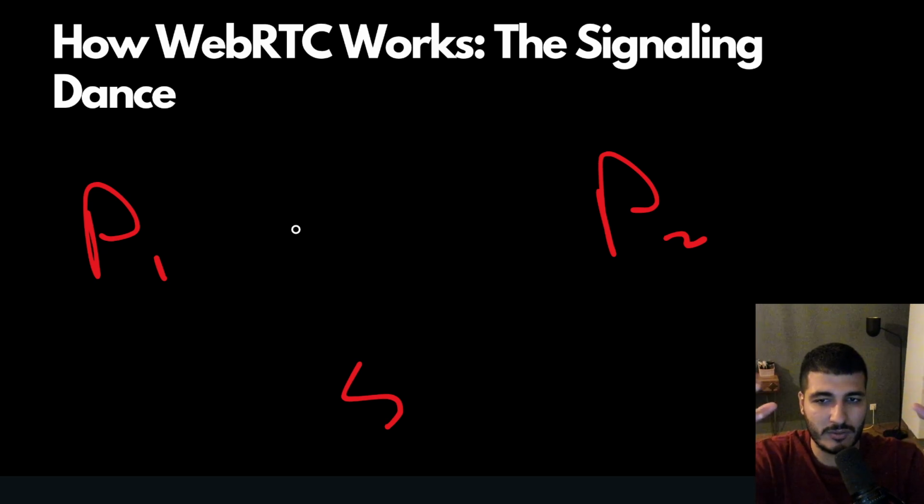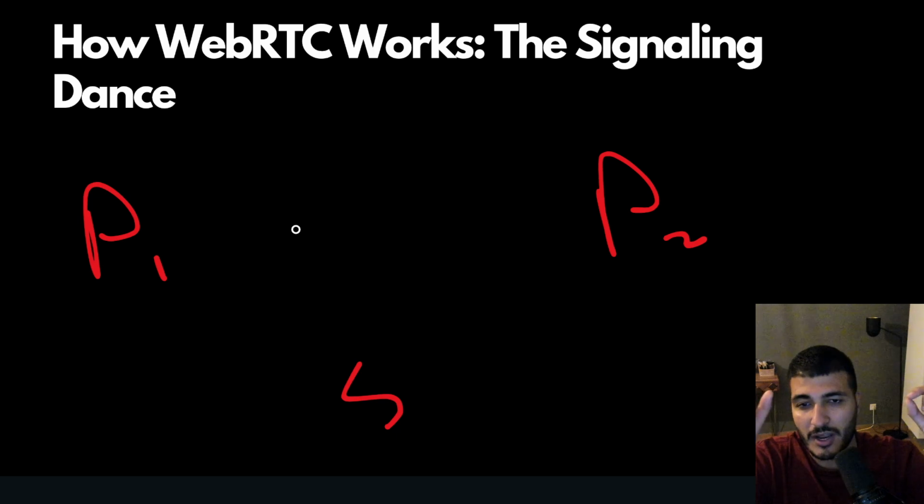Before two peers or two browsers can talk directly, they need to exchange metadata about themselves, like their network addresses, session description, what audio and video codecs they support, and how to traverse network obstacles. This exchange happens via a separate signaling server.